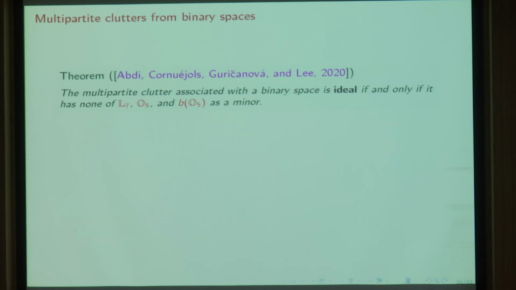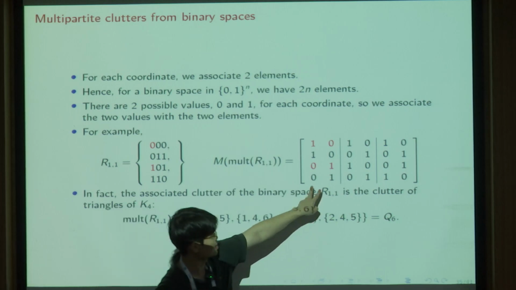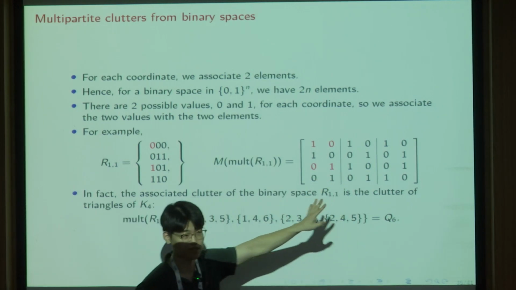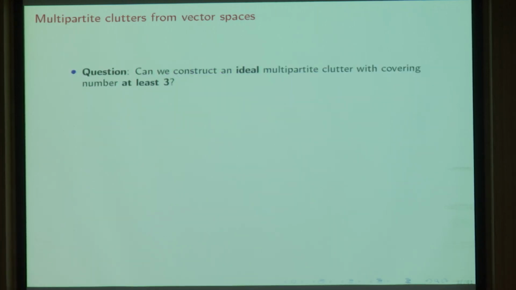But the binary space, by definition, has covering number 2, because you can take any two columns here that will cover everything. But our goal was to set covering number at least 3.